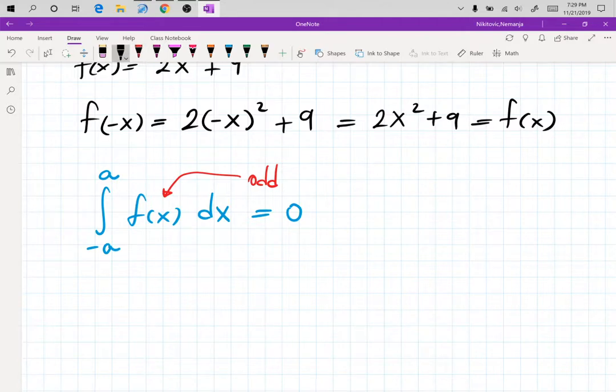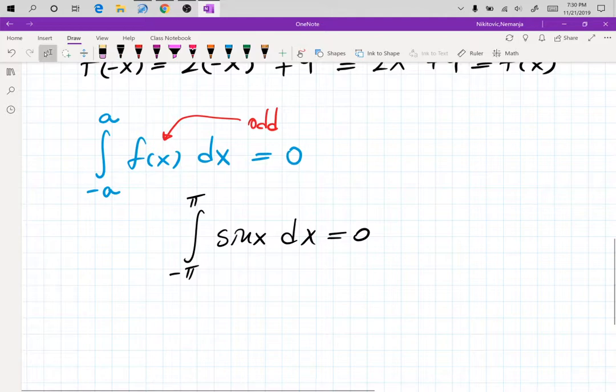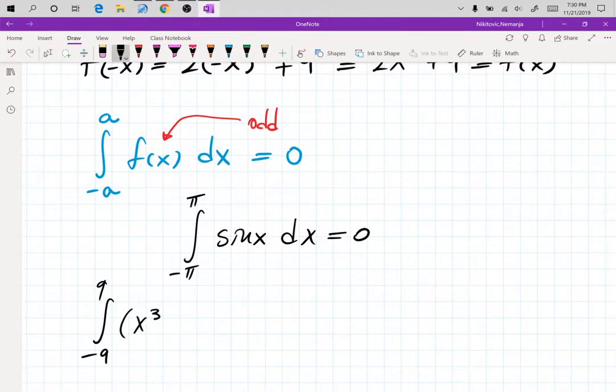So that immediately means that if you calculate the integral from negative pi to pi of sine x dx, the answer is 0 without calculating. If you are calculating the integral from negative 9 to 9 of x cubed plus 6x dx, the answer is immediately 0.